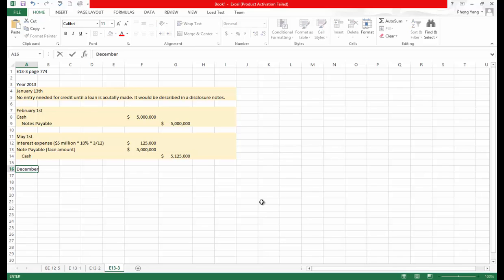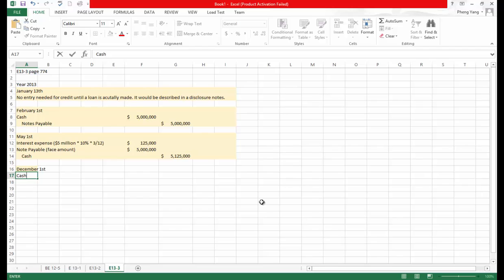Okay, December 1st is our next transaction. Supported the credit line, issued $10 million of commercial paper, a 9-month note. Interest was discounted at issuance at a 9% discount rate. Okay.